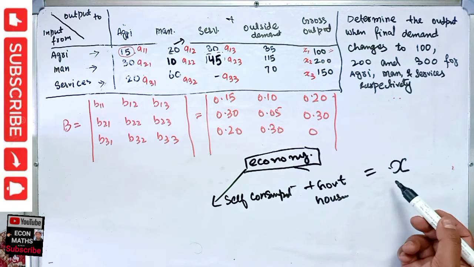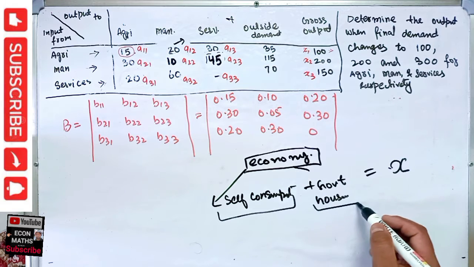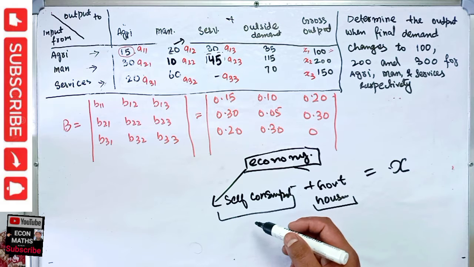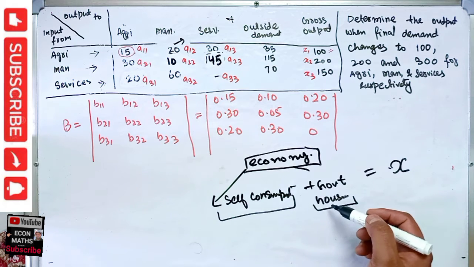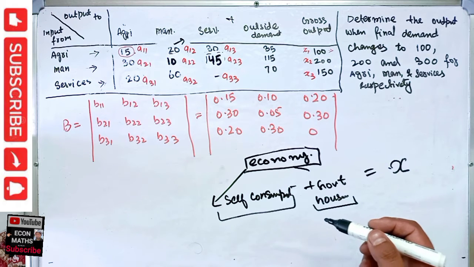That is, our total output would be composed of the internal demand plus the final demand. Internal consumption is the consumption by the industries itself, and some consumption is demanded by the outside.